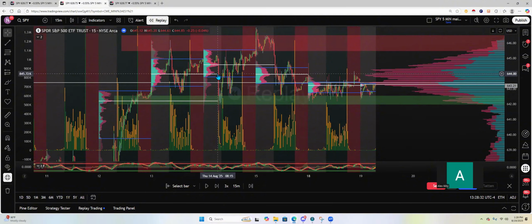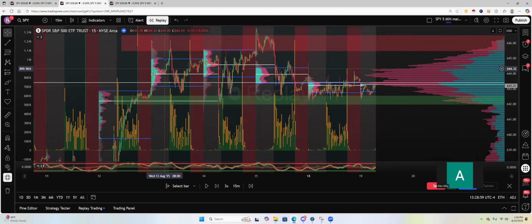The one from the previous day can be the target for today, but you want to see these points of control retested. If they haven't been tested in the trading day, that is what we call a virgin point of control. While this one did kind of break through it, that was in pre-market, so you want to have the volume validate the level. So what happened?